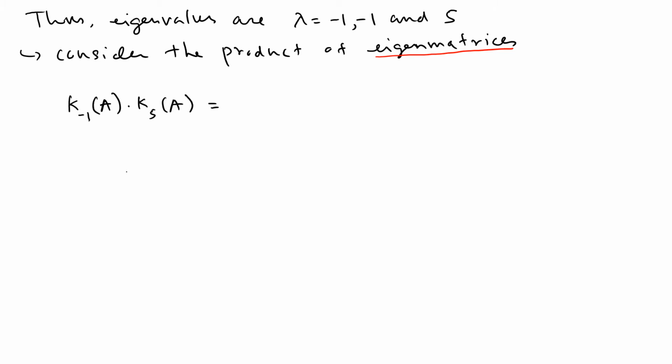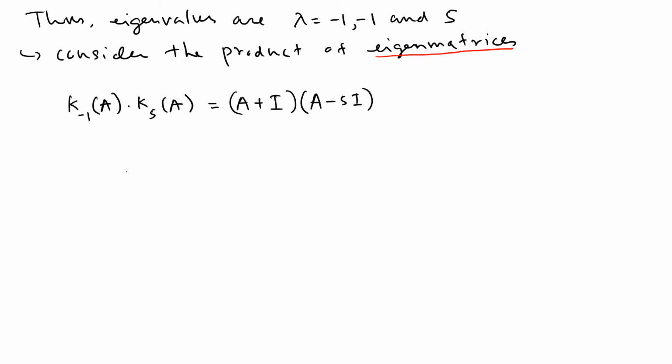This is simply A minus lambda I, but lambda equal -1, so it becomes A plus I. That's the first one. This becomes A minus 5I. So you see, these are familiar, but we give a new name for that.